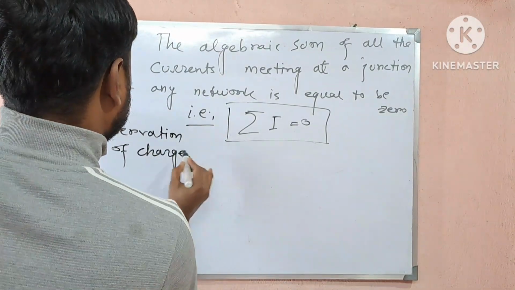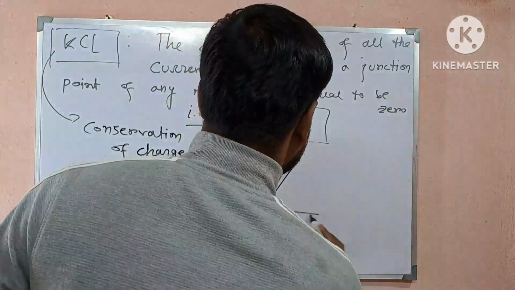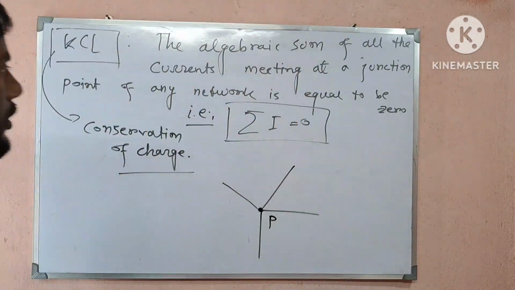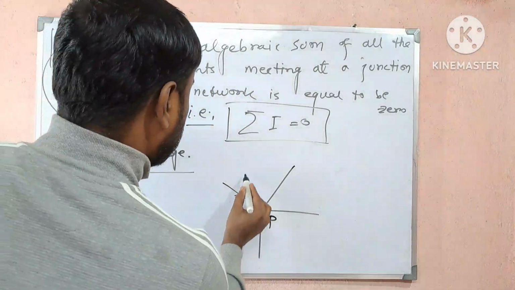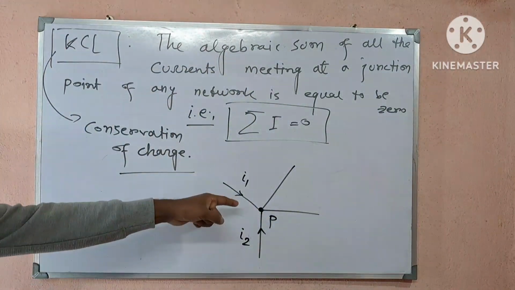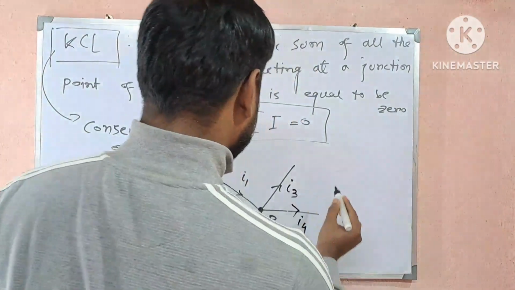Now we'll explain that thing. Let's say P is the junction point of a network. And I1 and I2 are the currents which are entering towards the point P, and I3 and I4 are the currents which are leaving from the point.